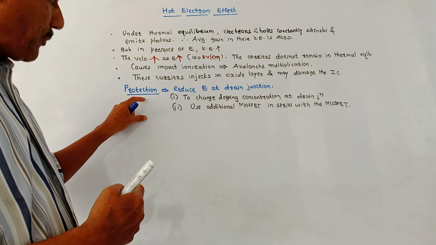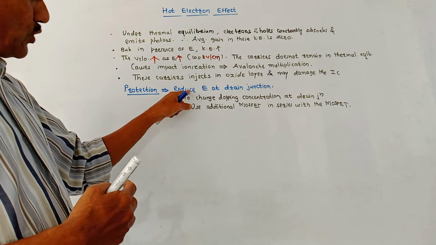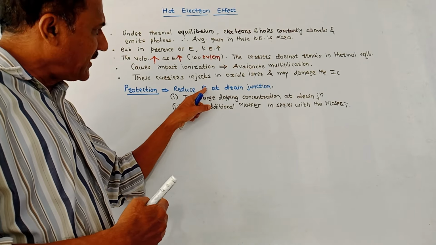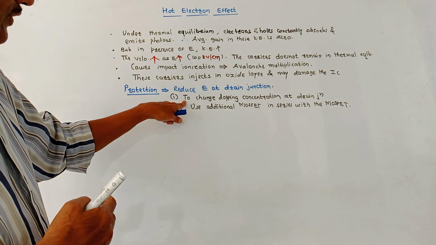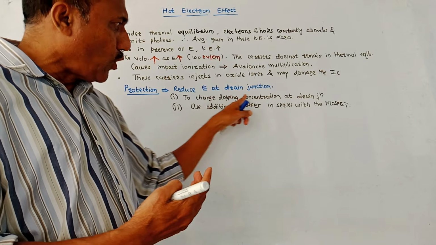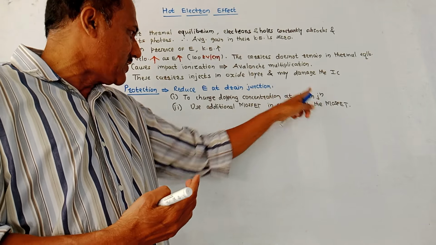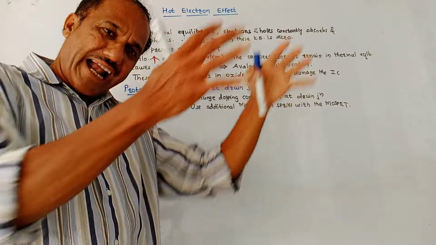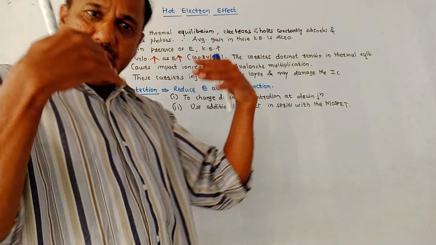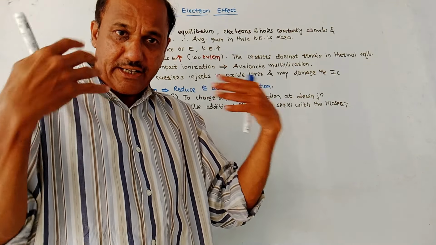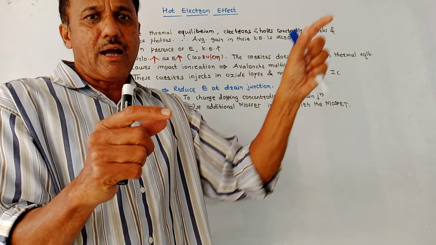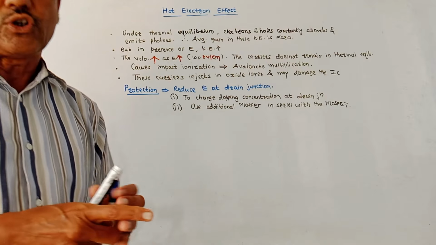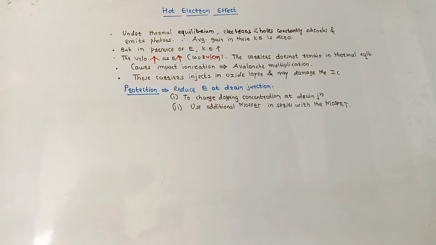To get the protection from this, the effective solution is reduce the electric field at the drain junction. To reduce electric field, you can change the doping concentration at the drain junction, or you may use additional MOSFET in series with the existing MOSFET which is getting affected, so that the available voltage will be distributed among the two MOSFETs. So this is about hot electron effect.